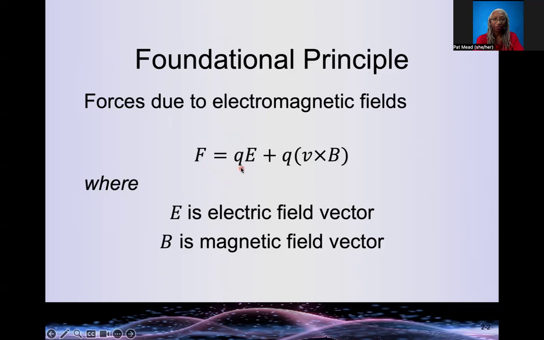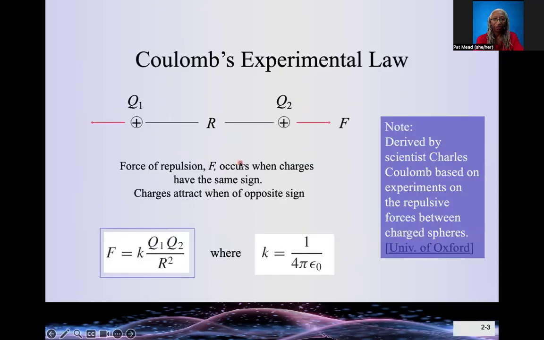If you don't have a magnetic field present, just forget about that part for right now. Then you can see that the force the charge experiences is going to be in the same direction as the electric field, because charge Q doesn't have a direction, it's only a scalar. E is the part that has direction. This is the vector. So if these two vectors are proportional by a scalar, then these two vectors are in the same direction.